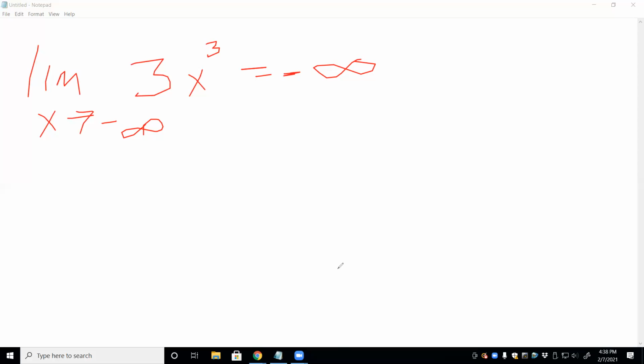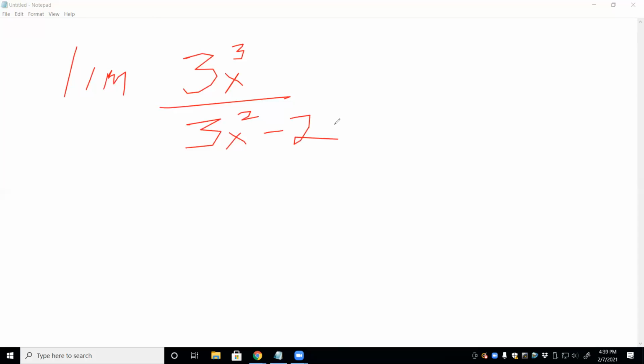Real quickly, so I was told something yesterday, and this really piqued my interest. This is a slightly similar function. So it's 3x cubed all over 3x squared minus 2, as x approaches negative infinity. Again, this is a situation where the numerator rules.